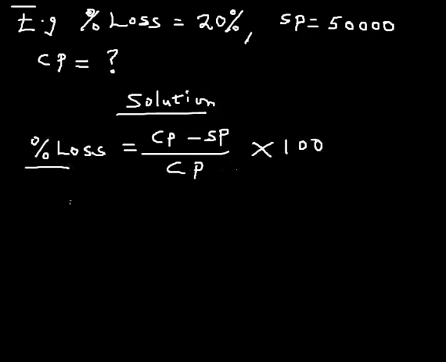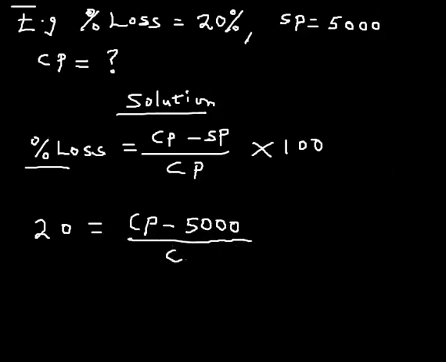So the percentage loss is 20. The cost price is what I'm looking for. The selling price I was told is 5,000, not 50,000. Then divided by the cost price, that's what I'm looking for. Don't forget that I multiply everything by 100.